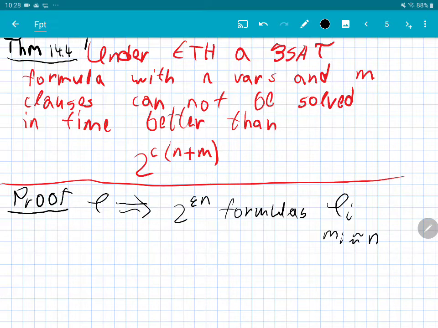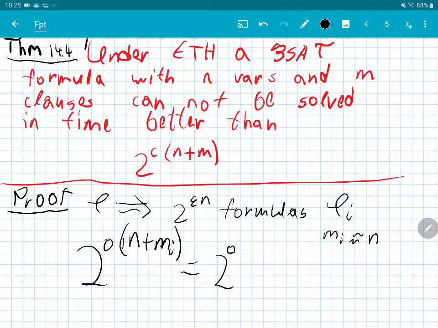So if the claim of the theorem was incorrect, then we can solve each one of those formulas in time small o of n, well, let me write it more precisely, small o of n plus m_i, but m_i is of course just n because it's a balanced formula, so this is 2 to the small o of n, right?